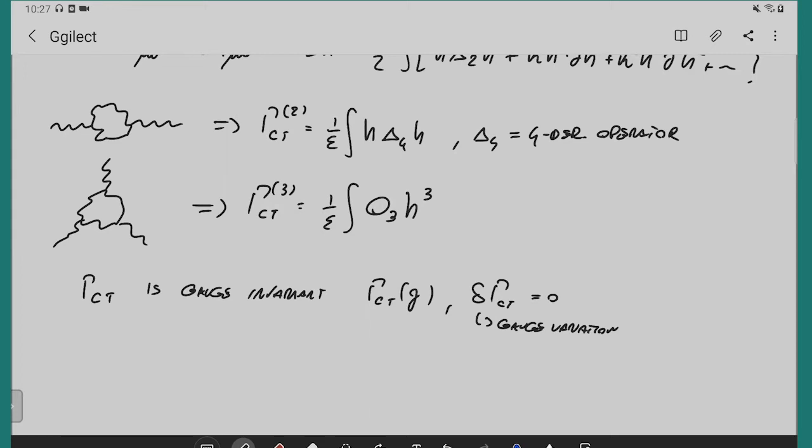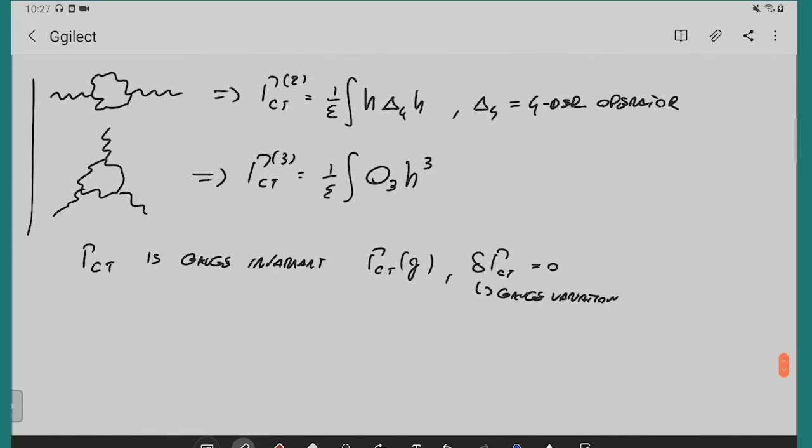This means that all these diagrams, if you continue in principle, you can go on forever, must sum up to give something that is covariant, which means that it is made with the things that are covariant according to this symmetry. So all these diagrams sum up to give something that is a function of G, and it is built as functions of R, R mu nu, and so on.